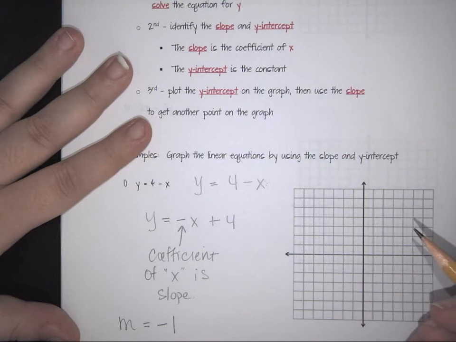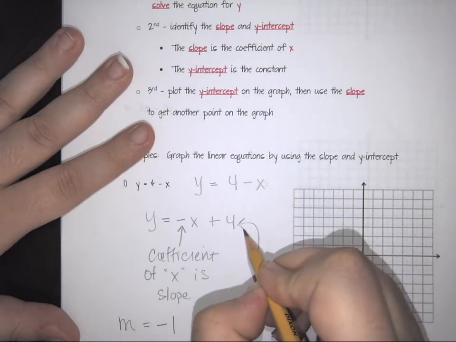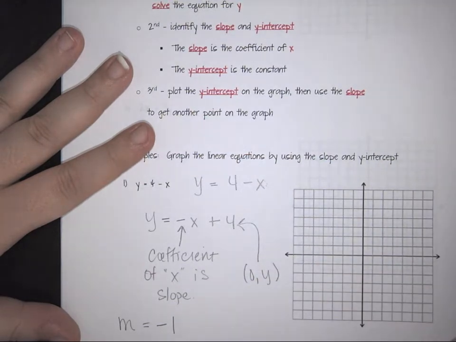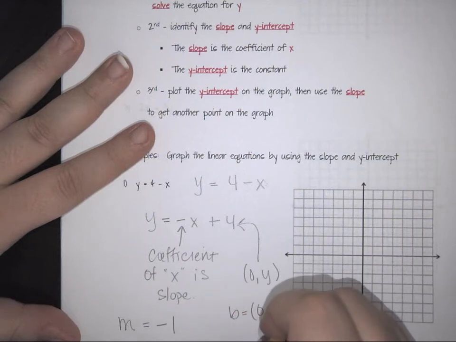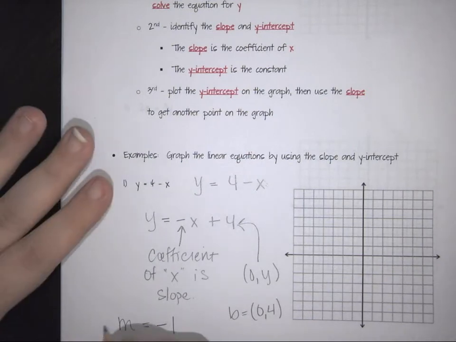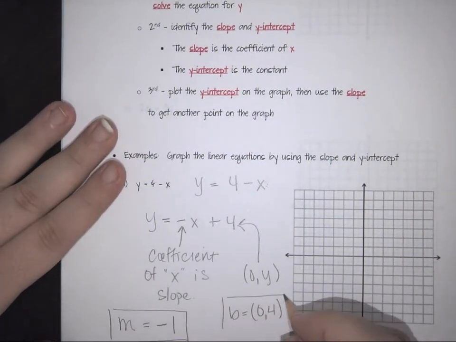Now the other thing that we have to pay attention to is the fact that this should be the form (0, b). So in this case, b is equal to (0, 4). These are the two pieces of information that we needed in order to graph.